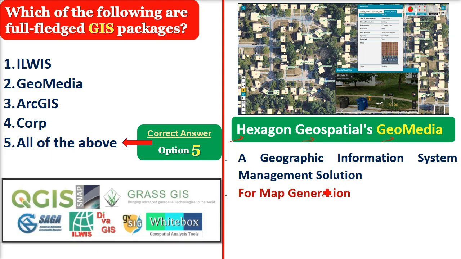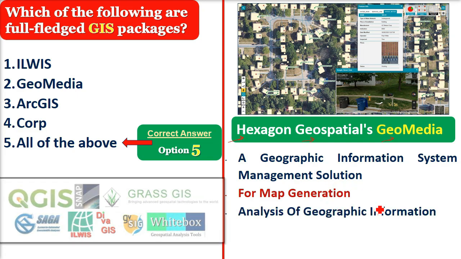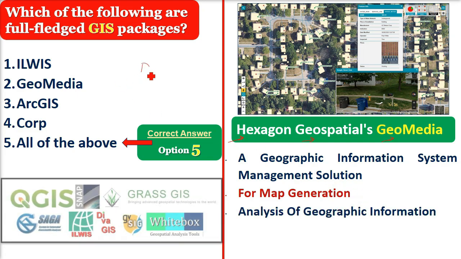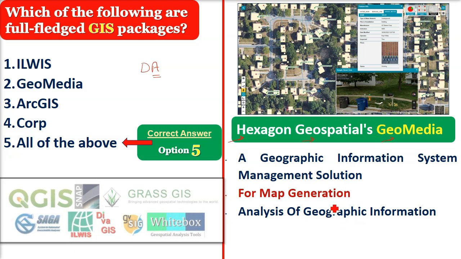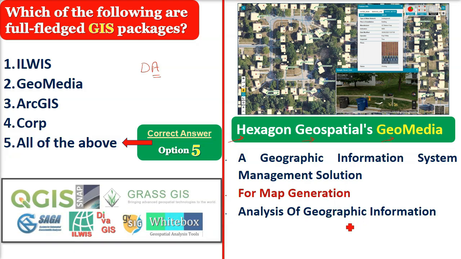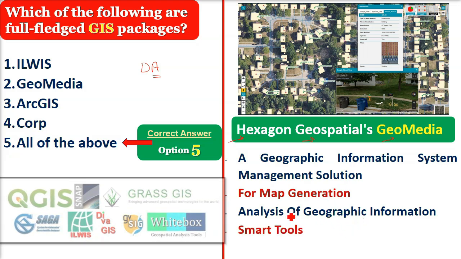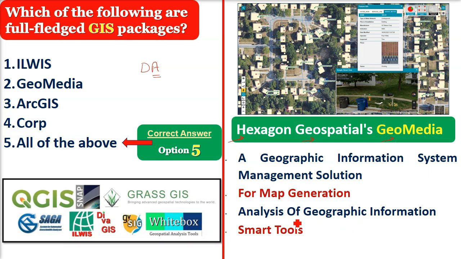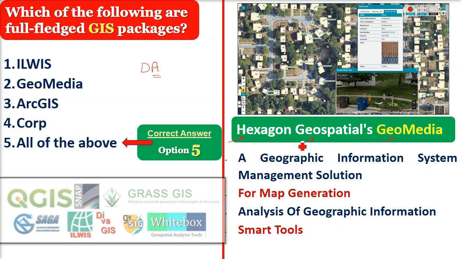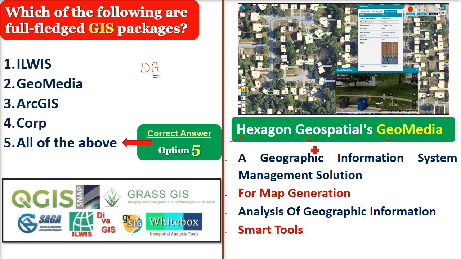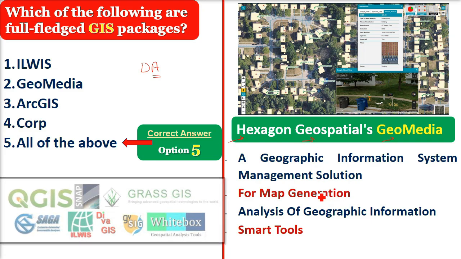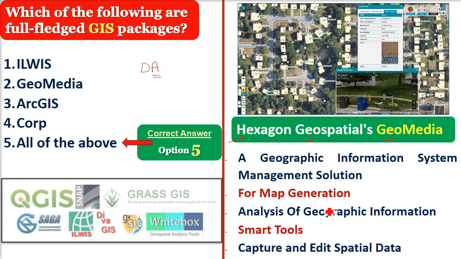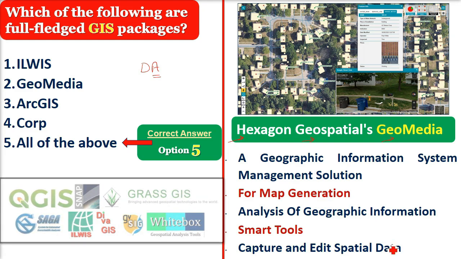So it's a complete solution for map generation and the analysis of geographic information with smart tools. And these smart tools are state-of-the-art tools, and I'm talking about the data analytics part. That is why analysis is important. So GeoMedia provides the analysis of geographic information, and it employs smart tools that are capable of capturing and editing the spatial data.